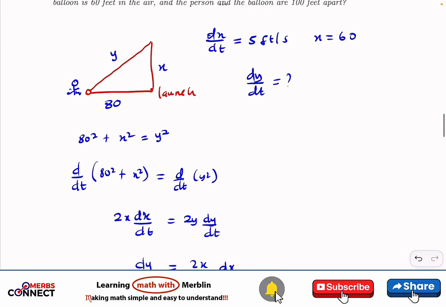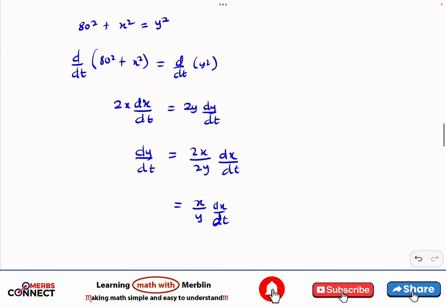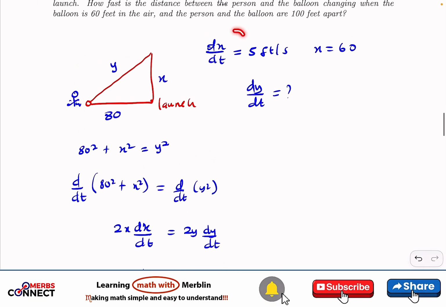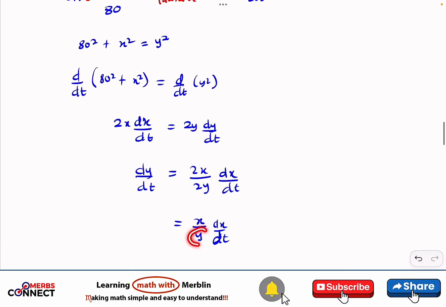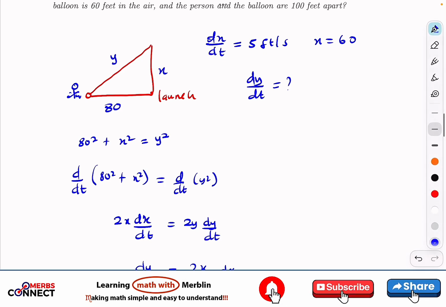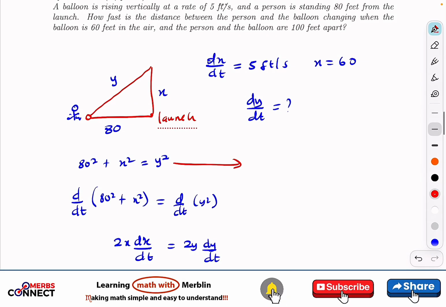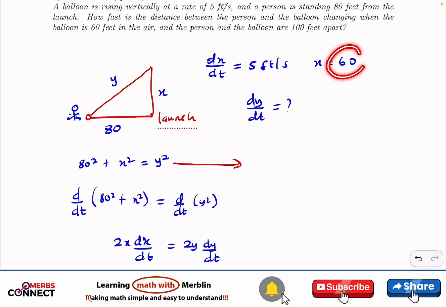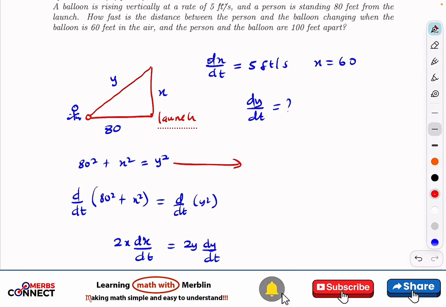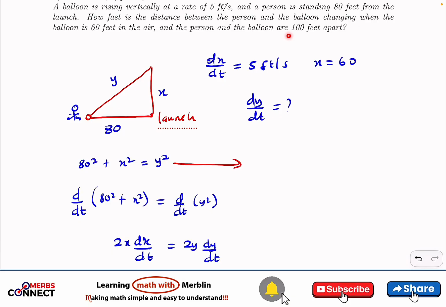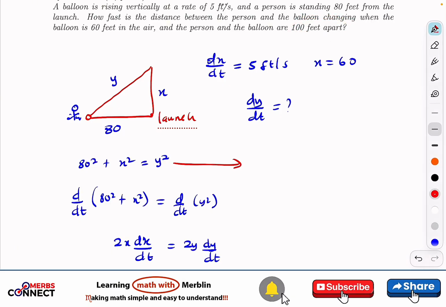So now we have x, we have dx over dt, we need y. For us to get y, we need to use the Pythagoras theorem from here, the equation that we formed, to solve for y. Since we know that x is equal to 60, then this is going to be, oh, okay, I think they've even given it to us. They said it's equal to 100, so we don't need to calculate that.